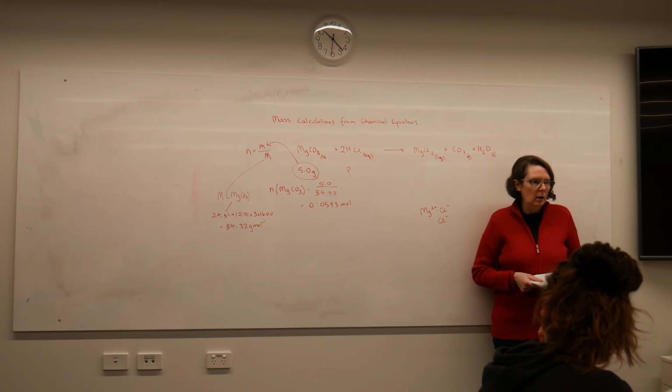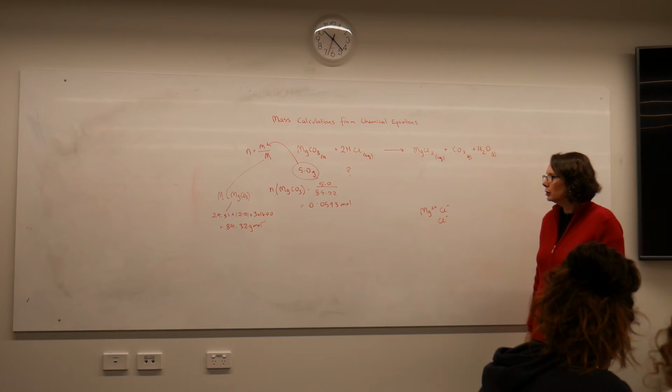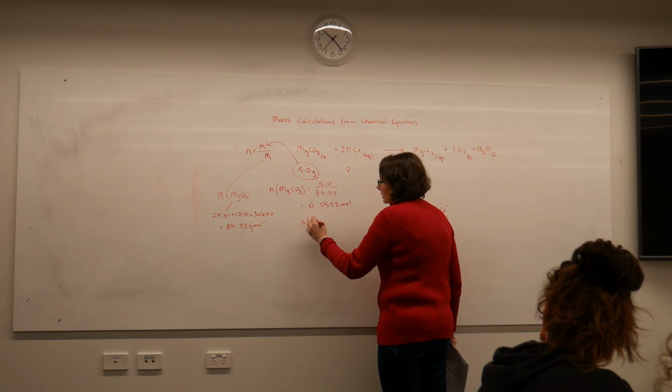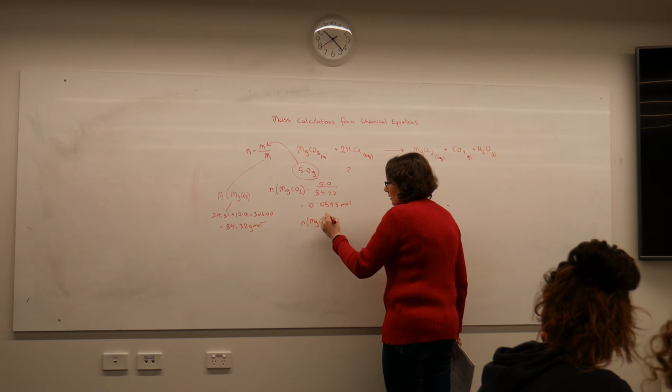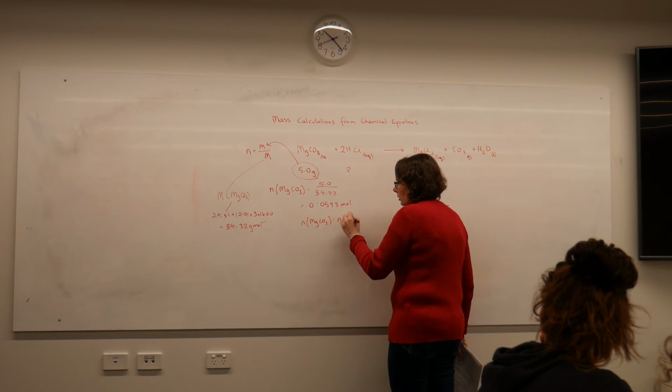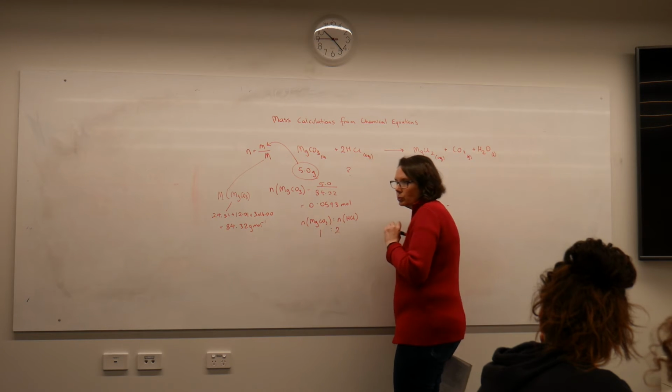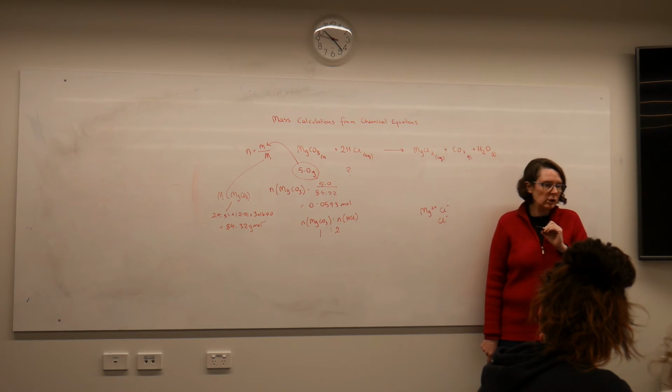To find that out, we look at the mole ratio. So the moles of magnesium carbonate to the moles of hydrochloric acid in our balanced equation is 1 to 2. That's just the coefficients from the balanced equation.